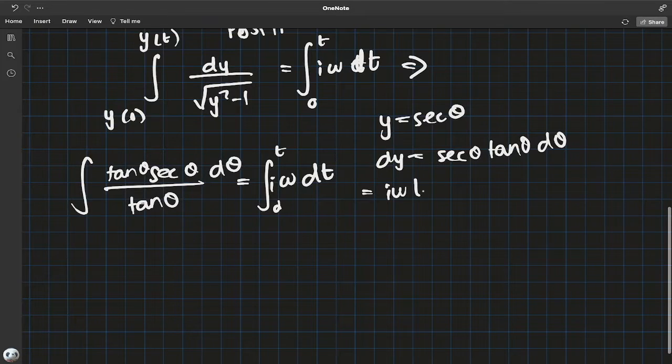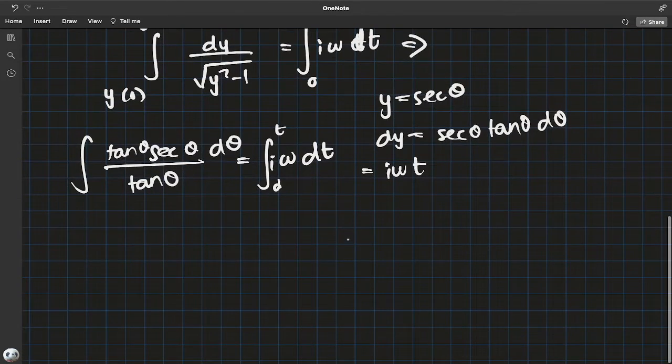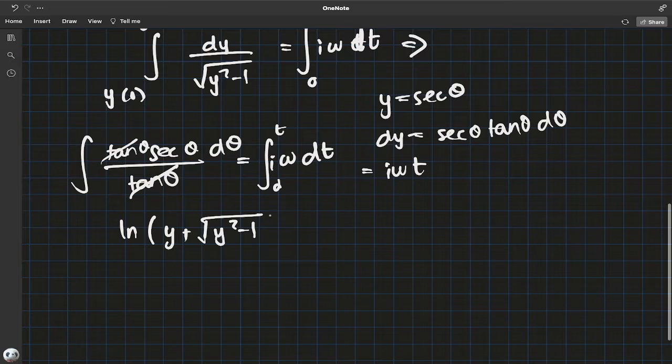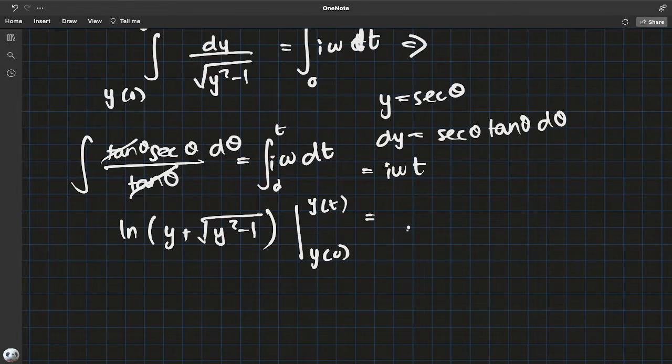It's i omega t. And this is secant theta, which is natural log of secant theta plus tangent theta, but we can resubstitute that back to get this expression. Evaluated it like y of 0, y of t is equal to i omega t.